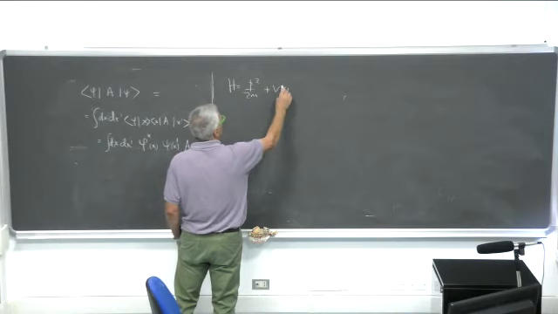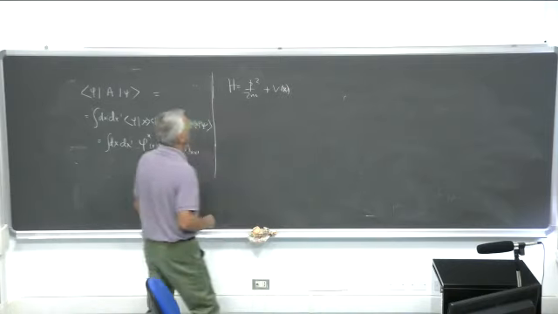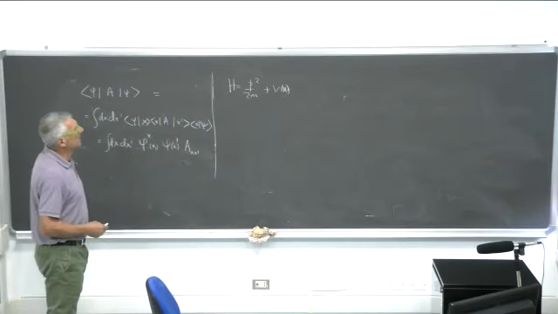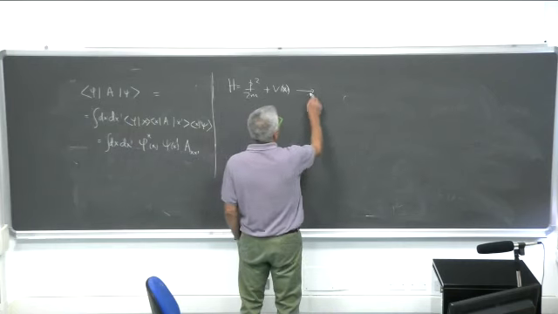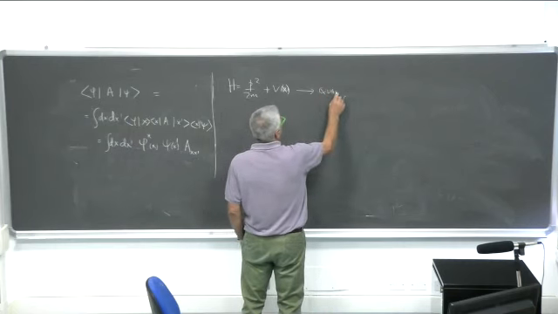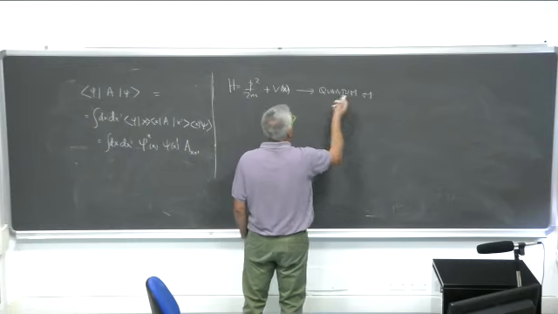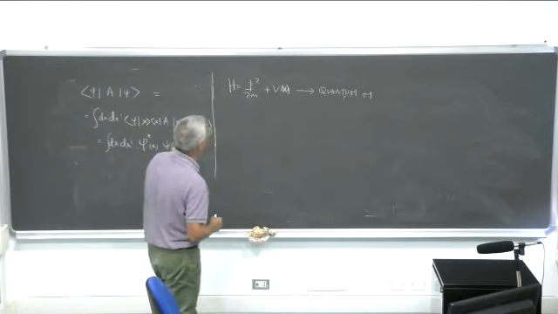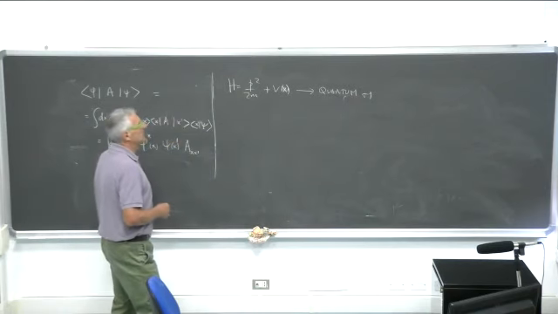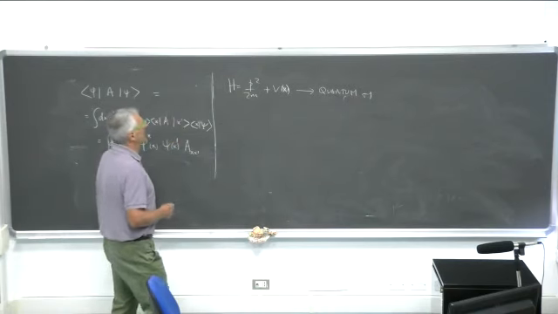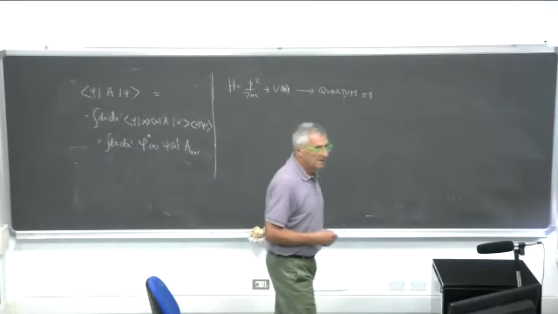There is a kinetic energy there, right? Plus a potential. Okay. What is the rule? I mean, how do we replace this thing with some operator acting on some Hilbert space of functions of x, for example, right? This is what we have to answer, okay?